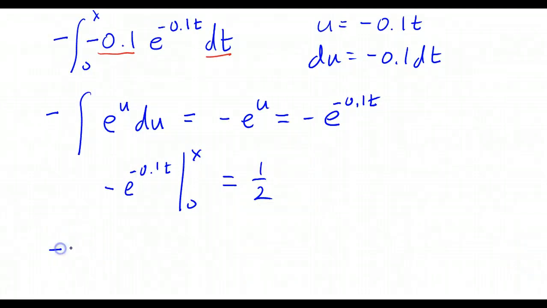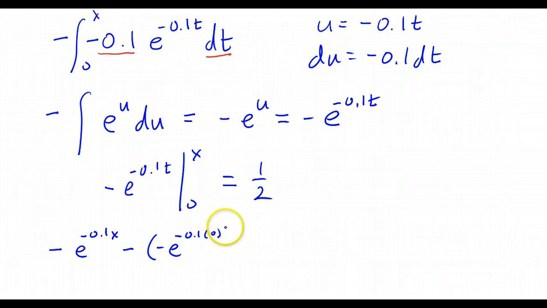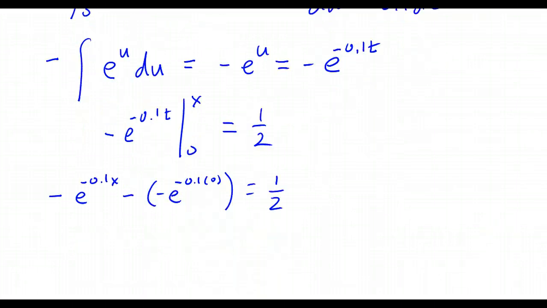Okay, so I've got negative e to the negative 0.1 x minus negative e to the negative 0.1 times 0 equals 1/2. That's negative e to the negative 0.1 x, minus a negative is plus, and e to the 0 is 1.